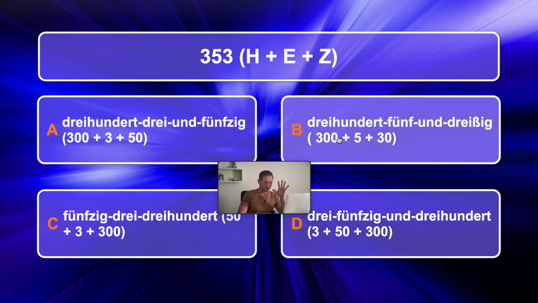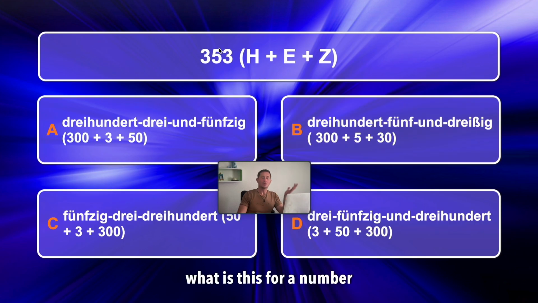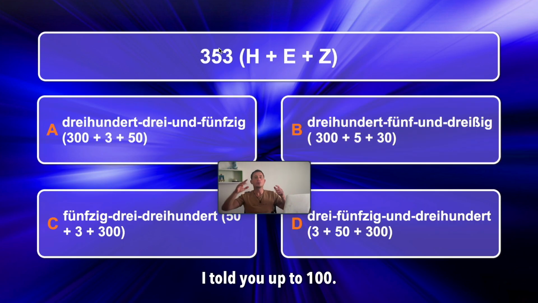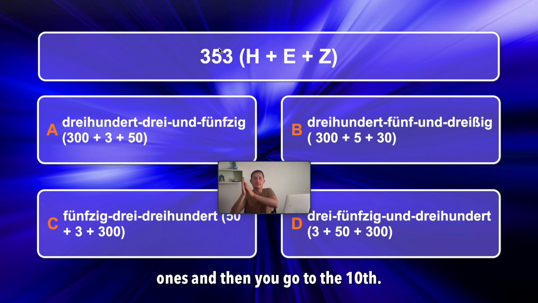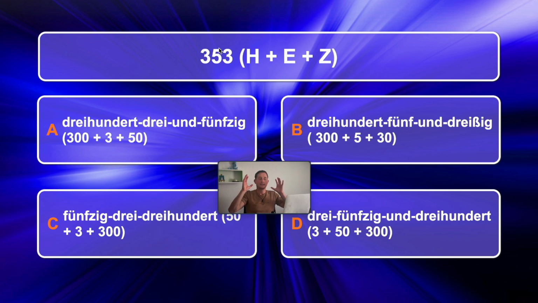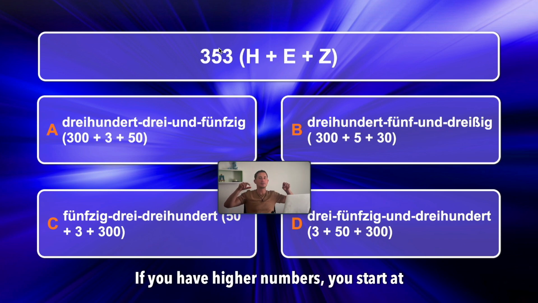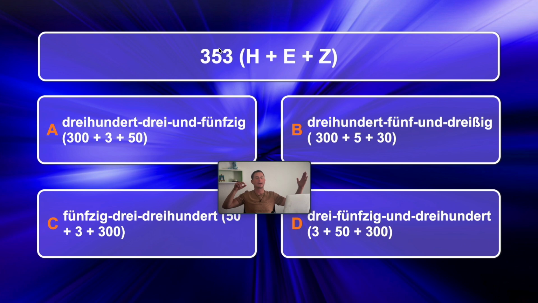Almost at the end. What is this for a number? I told you up to 100 you start with the ones and then you go to the 10th. If you have higher numbers, you start at the beginning until the hundreds. For example, you have 353.